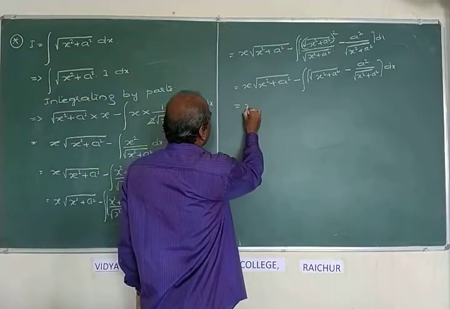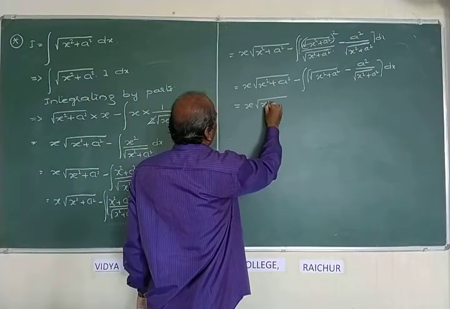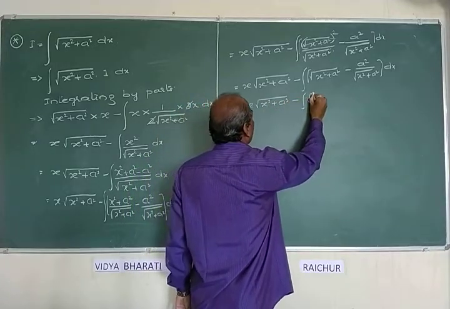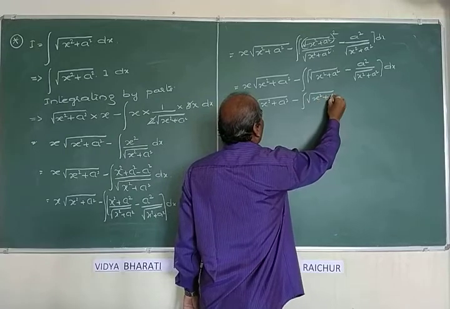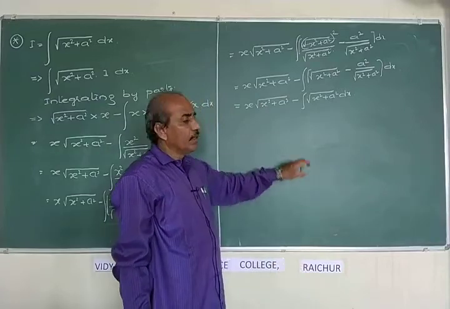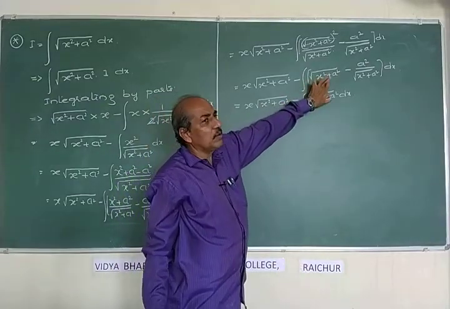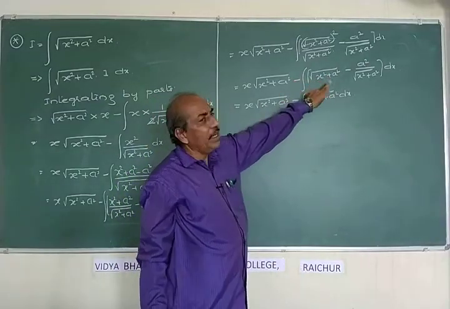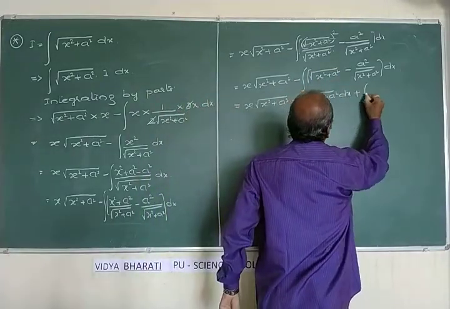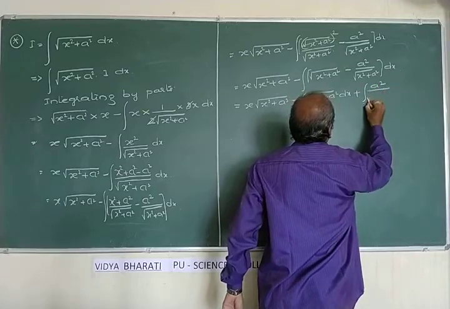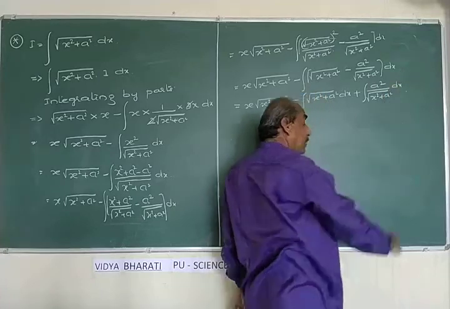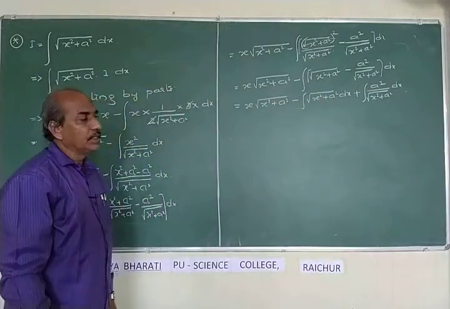Now remove the bracket: x into root of x square plus a square, and for the second term, along with the sign, you multiply root of x square plus a square into dx. Minus into minus becomes plus, the integration of a square by root of x square plus a square, which you can integrate separately, right?